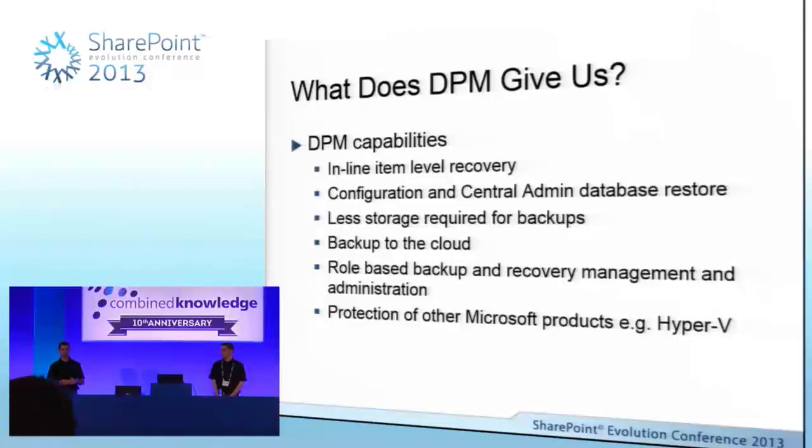And the reason DPM does allow for this is that DPM relies on what we call the VSS, the Volume Shadow Copy Service. This allows a point-in-time snapshot to be taken of all of the content in our farm, and this guarantees the consistency of these databases.